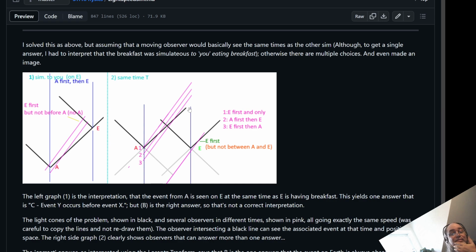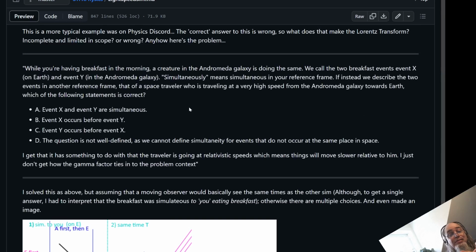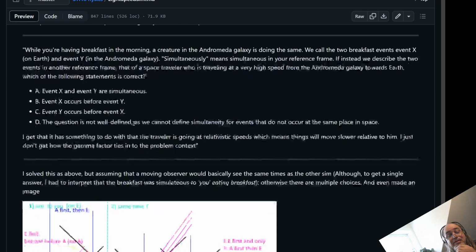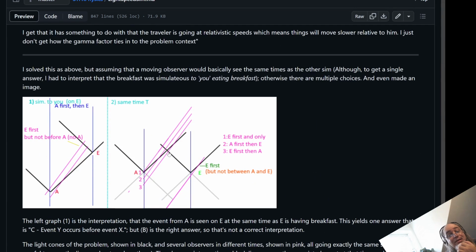The correct answer to this, using the Lorentz transform, is this B answer, that the event on Earth occurs before the event in Andromeda, which is locked at this center point.